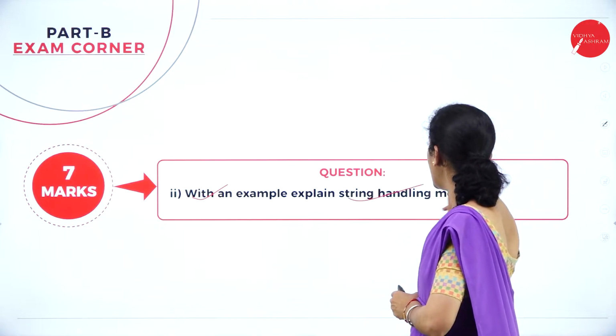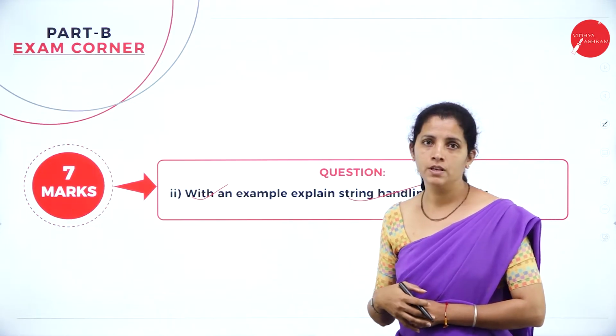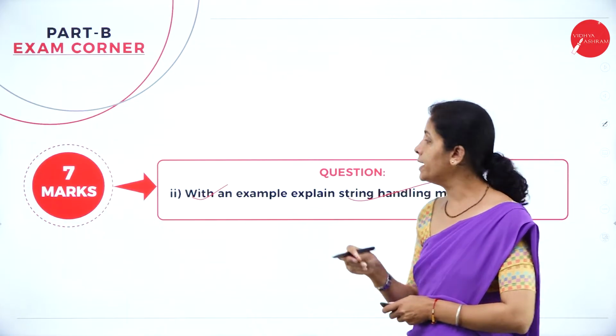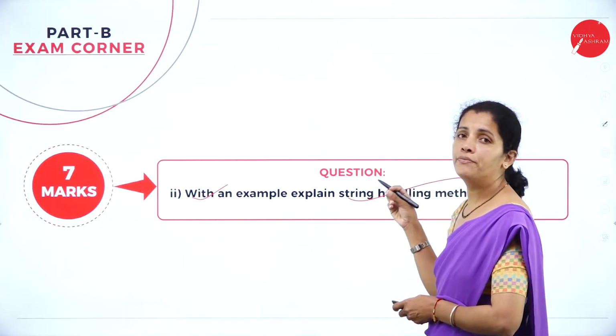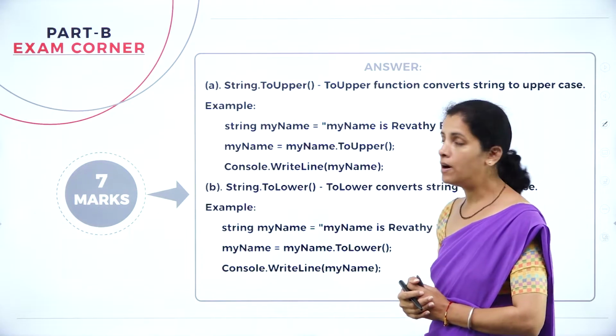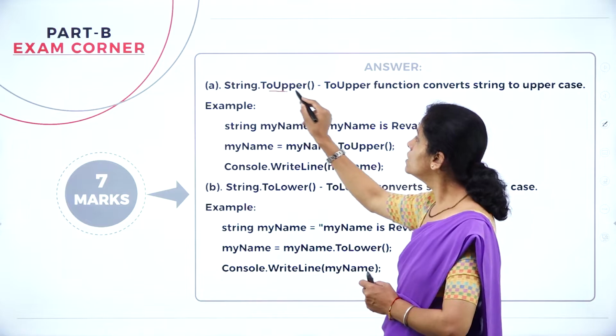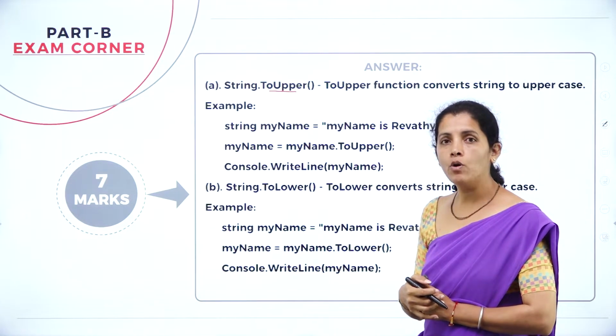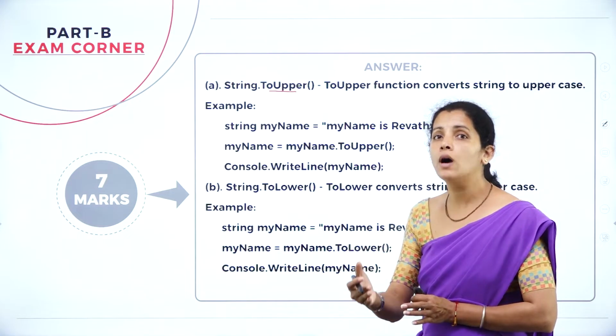Now, dear student, I'm going to have my next question with an example. Explain string handling methods. So, dear student, with the example, I want to explain the different types of string handling methods. So, first one is ToUpper. I want to convert this string into uppercase.